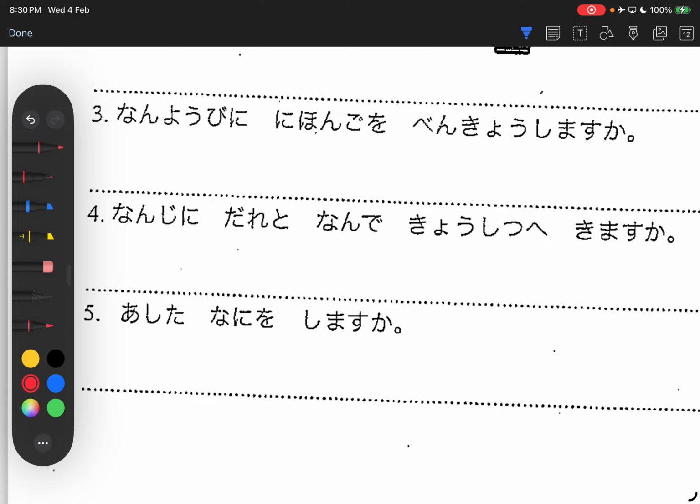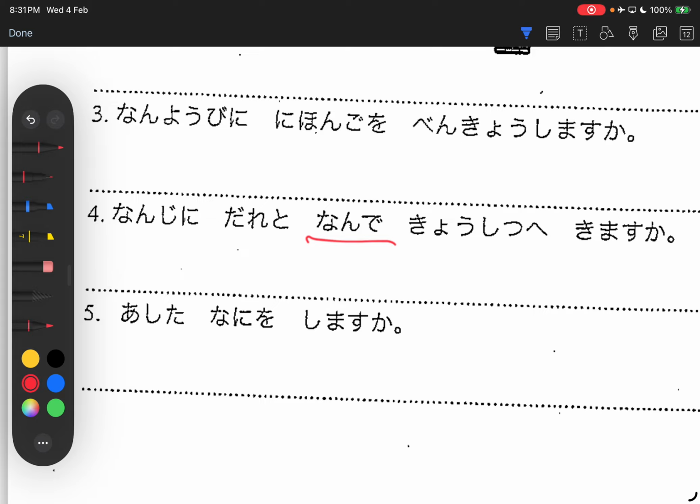Okay, 9時に for her is 9 o'clock. 9時にお友達と by bus. So バスで来ます. Right? I need to ask you whether you come by bus then. なんで is how lah. So how did you come? So she said by bus.